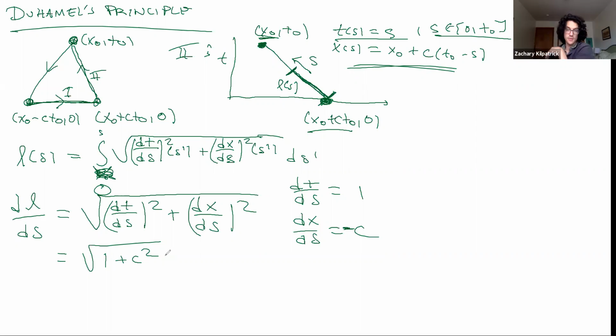Anything else? What if it was left in variable terms, and if we didn't have an explicit formula for x and t? Well, you're in trouble if you can't parameterize x and t. I see what you're saying. You may have an implicit formula, in which case, sometimes even if you have an implicit formula for x and t and s, you can find an explicit formula for their derivatives.